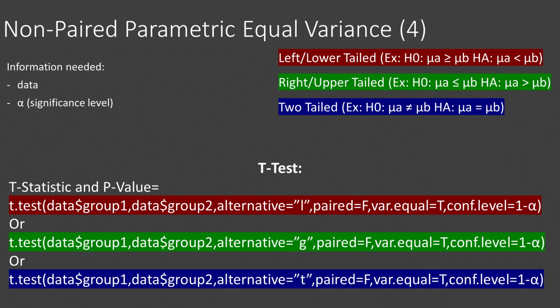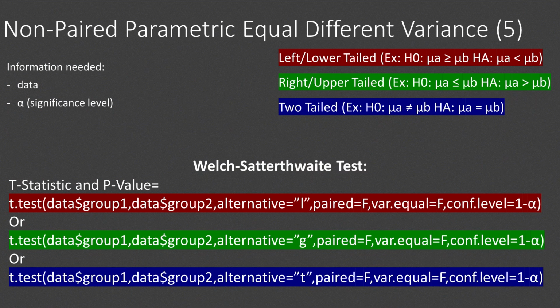The only difference here is that your paired equals F. Pretty much everything is the same, it's just the F here instead of the T, because it's not a pair, it's a non-paired question. Oh, and I should also mention that you have to add var.equal equals true, because it is an equal variance question. So make sure to add that as well. Don't just copy and paste and change the F.